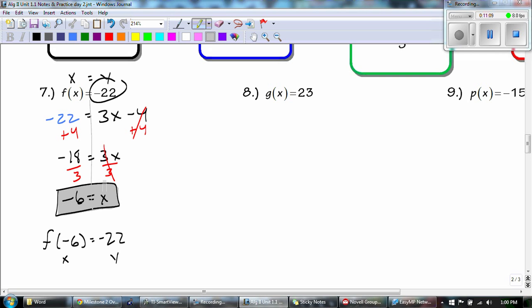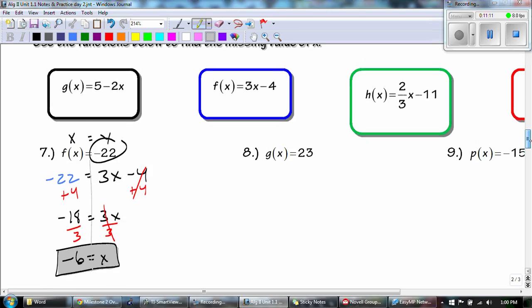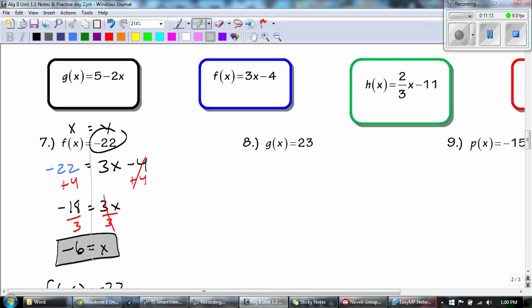Okay, so 8. Find your function g of x. Remember, this is the x and that's the y. So I know that this part equals 23. So I can say 23 equals the 5 minus 2x.